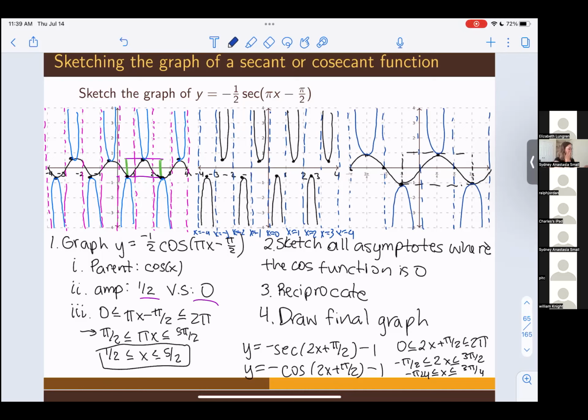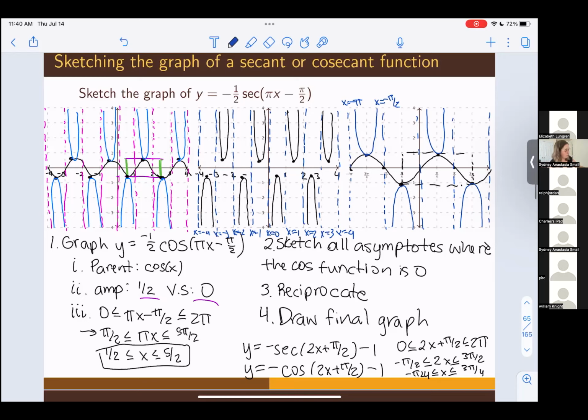So I don't have another set of axes to demonstrate this on, but all your final graph will be is these asymptotes labeled with what they are. So this one's like x is negative pi, x is negative pi over 2, etc. You'll label your asymptotes, and then it's just making sure that these points are at the correct point and drawing them between the asymptotes like so.